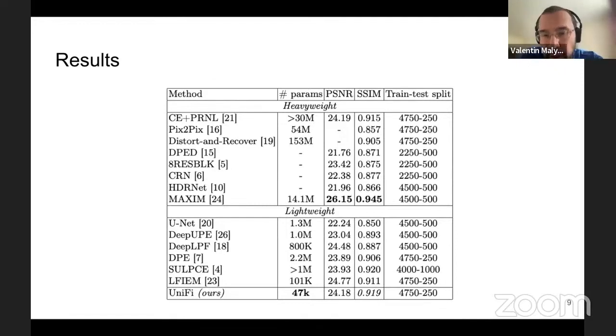As I said, we chose our train test split like the majority of the models, like LVM, like Pix2Pix, and such models. But as I said, unfortunately there is no golden split in this task. Okay. Thank you for your answer.